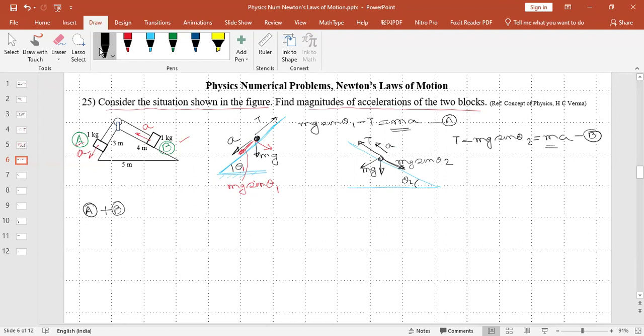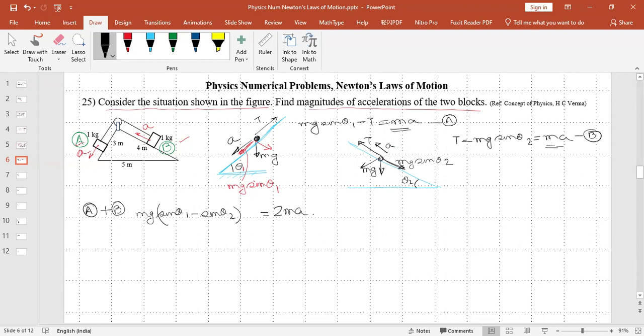So mg sine theta 1 minus mg sine theta 2 is equal to ma and ma both together, which is 2ma.